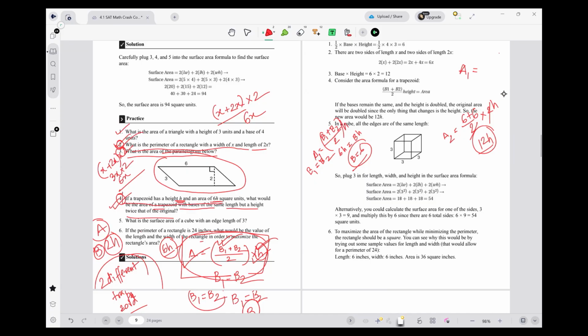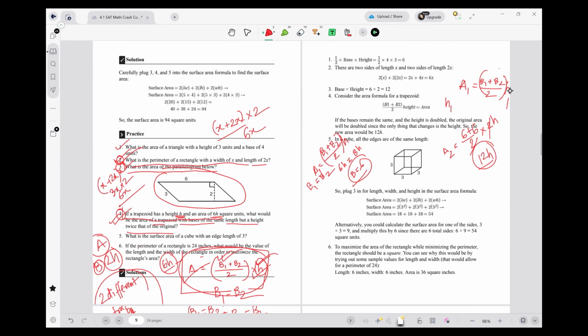Just write the equation: A equals (B1 plus B2) divided by 2, multiplied by h, right? So height is declared as h. You can just consider it h1, right? H1 equals h and A1 equals 6h square units, right?